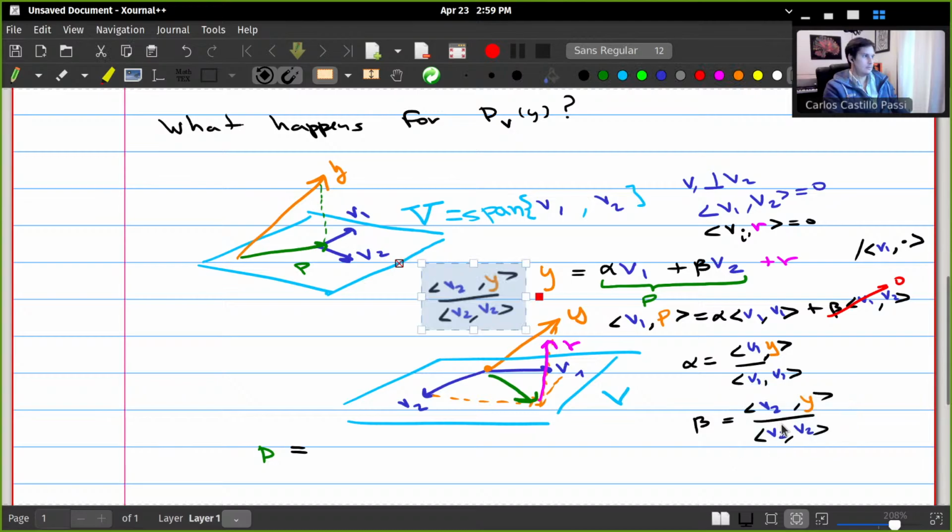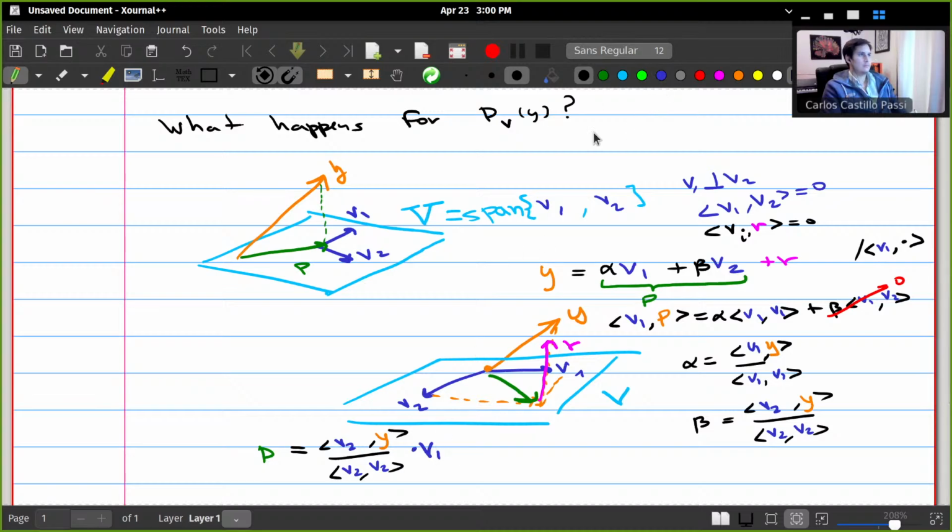This in the direction v1 plus, sorry, I copied incorrectly. This one is the term with v2 because it has the v2s there.